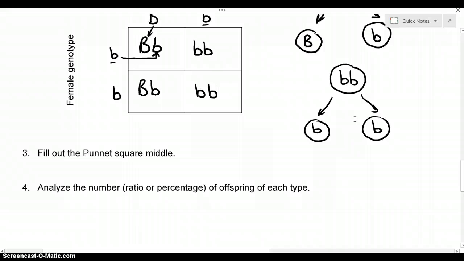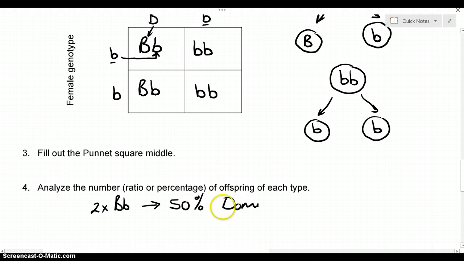So now we can say, right, we've got two squares, heterozygous, so that means 2 of the 4, that's 50% of the offspring will have the dominant bent roots, and we have here 2 squares with a recessive trait.